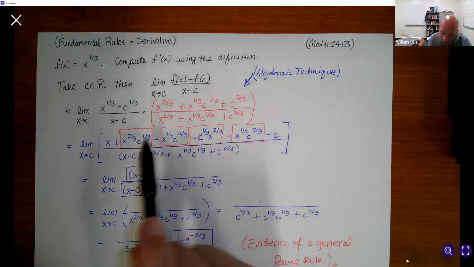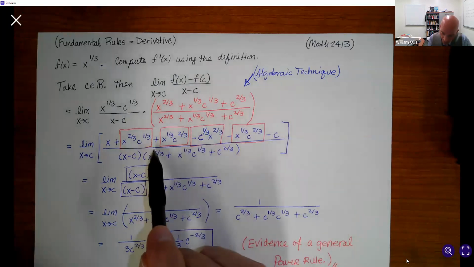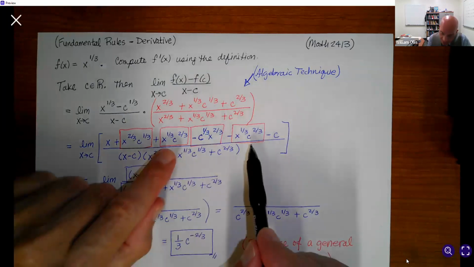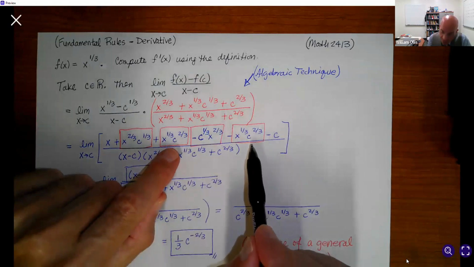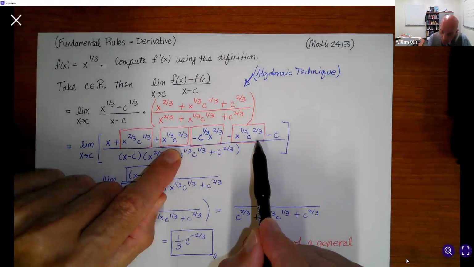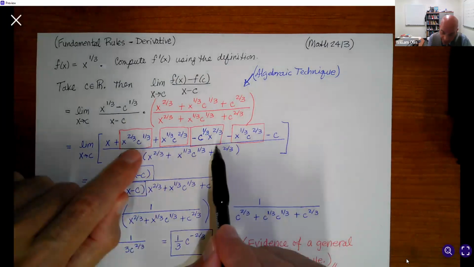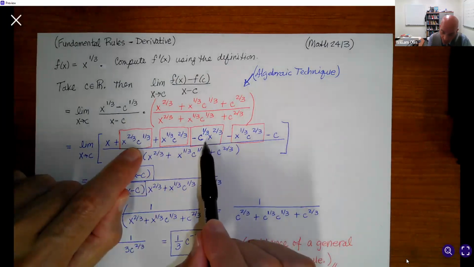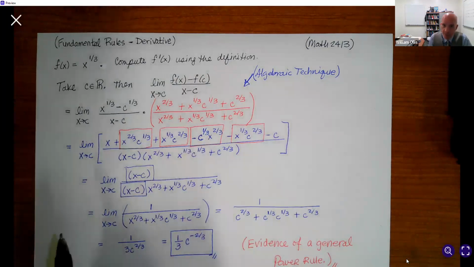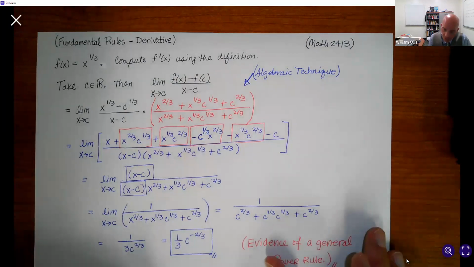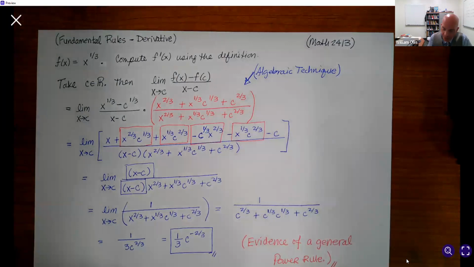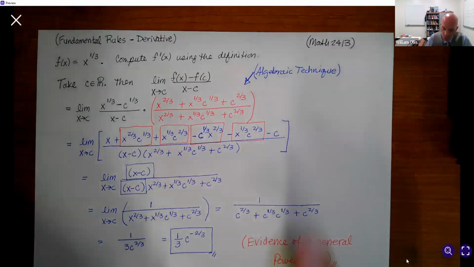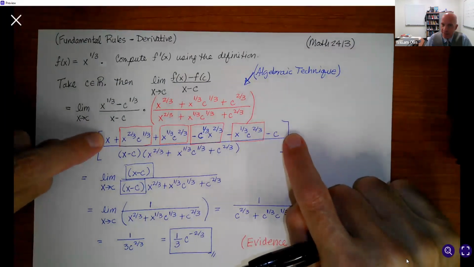But now I probably could have used different color boxes here, but now we see that the X to the 1/3, C to the 2/3 absorb, they're equal and opposite. And then the X to the 2/3, C to the 1/3 equal and opposite absorb. So now, again, that's the key because what's left behind, the X minus C.